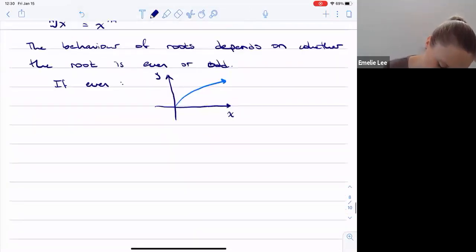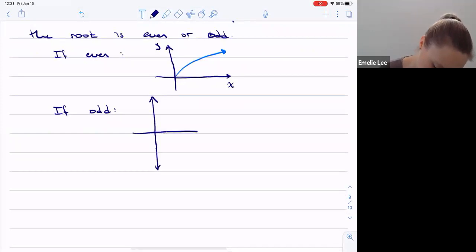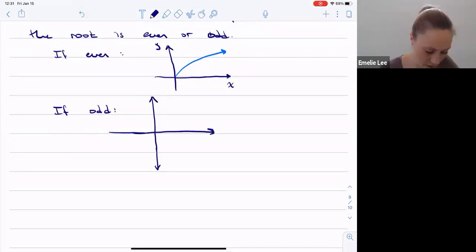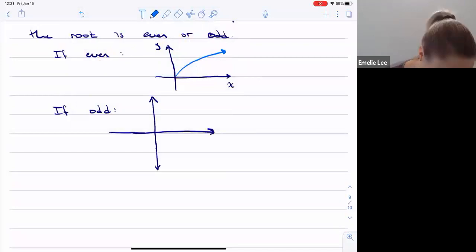But if it's odd, oops, IFF, that's if and only if. If odd, which I guess might work here, but it's not what I meant to do. Then you get kind of the x to the power of 3 situation, but on the x-axis. I don't know, I just kind of did that weird, but right, then the general shape kind of looks like this.